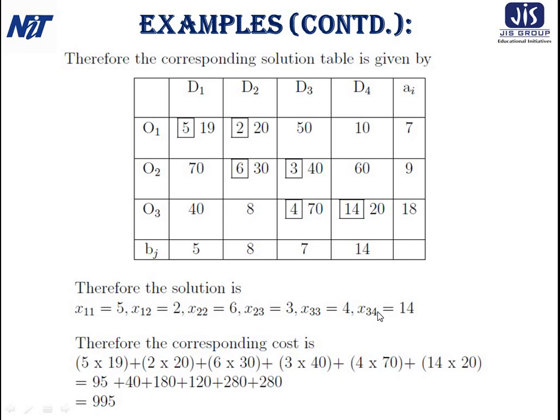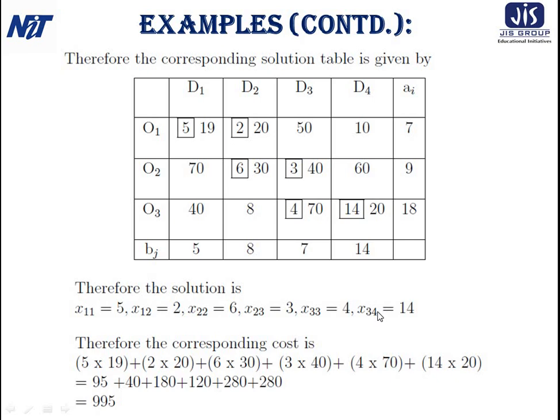So today what did we learn? We learned what a transportation problem is, what the several methods of the transportation problem are, and among them one of the methods is the northwest corner method.